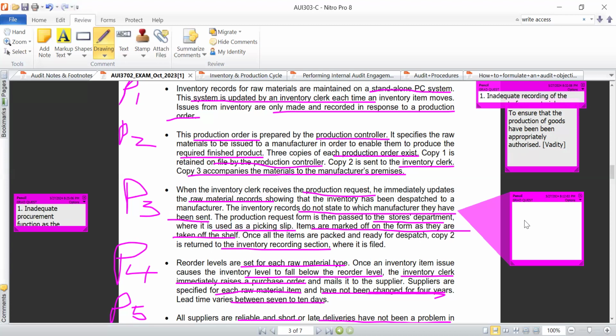So the primary objective from this has to do with appropriate recording of the movement of raw materials, or the transfer of raw materials from the storage warehouse to production. That's it.